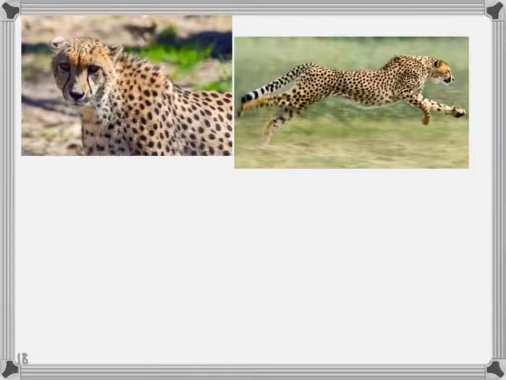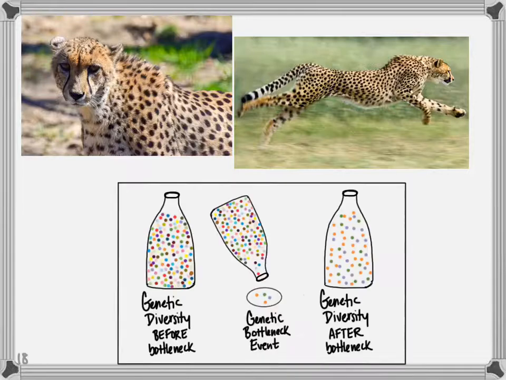Let that sink in for a second. They're that genetically similar. Well, that's because about 10,000 years ago, cheetahs went through a genetic bottleneck, an event where very few cheetahs survived. And all modern cheetahs are descendants of those few. This means they have very low genetic diversity.